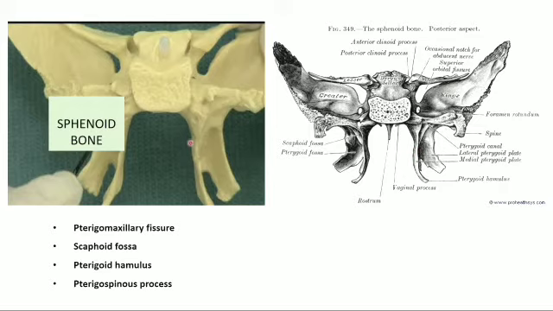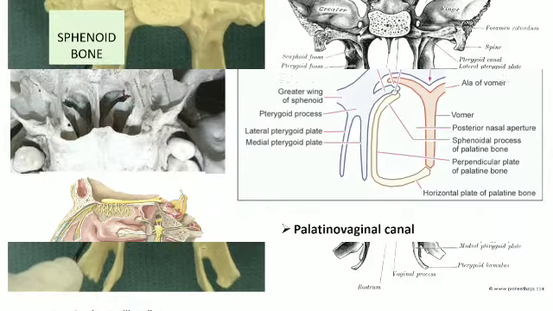For the lateral pterygoid plate also, we have the medial surface directed medially and the lateral surface. The medial surface of the lateral pterygoid plate forms this scaphoid fossa, and the lateral surface will form the boundary for our infratemporal fossa that we will learn later. So these are the two pterygoid plates, medial and lateral respectively.